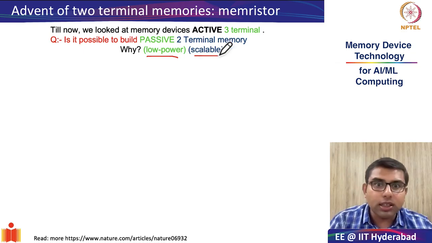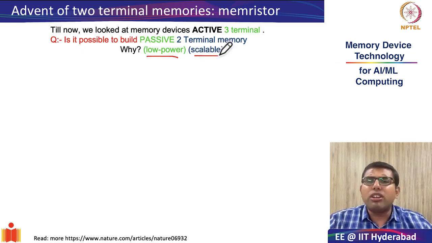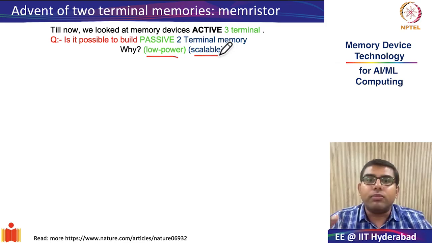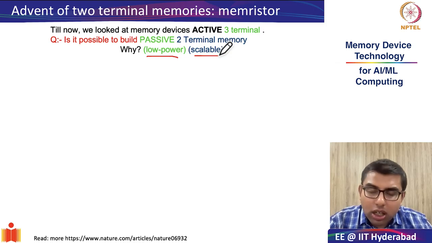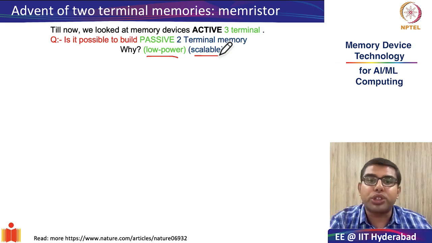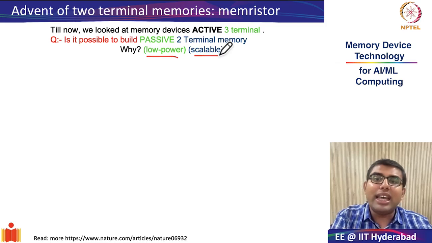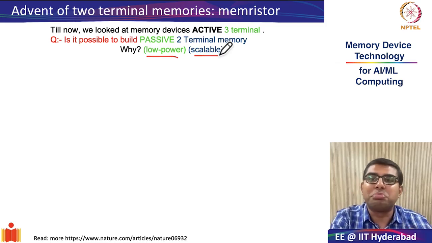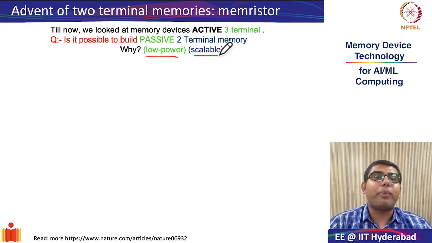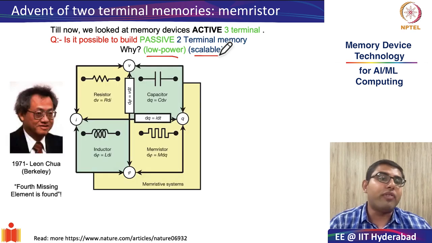Common sense suggests that going from a three-terminal device to a two-terminal device, if you remove one terminal somehow, the cell area will shrink and your minimum feature size F will also shrink. And in this slide only, I will give you evidence for that. So that is the promise. So this is why people started looking at passive two-terminal memory devices.